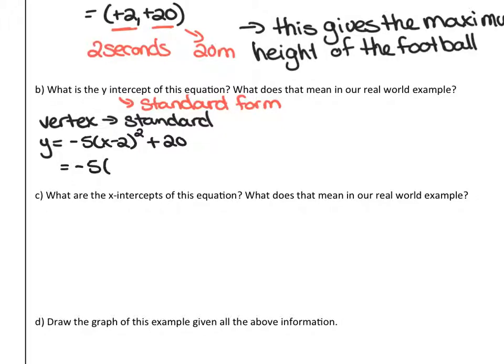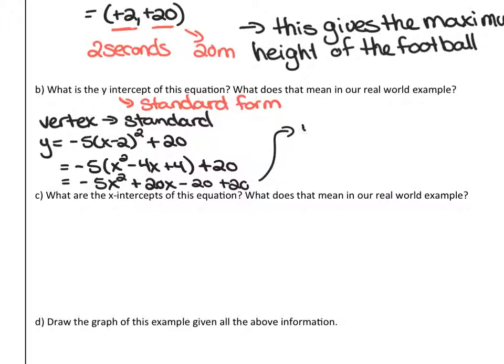If you do that, (x minus 2) times (x minus 2) gives us x squared minus 4x plus 4, and then we have our plus 20. If we expand that all out, we get negative 5x squared plus 20x, minus 20, and plus 20.